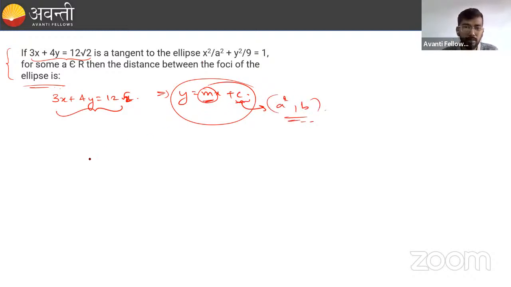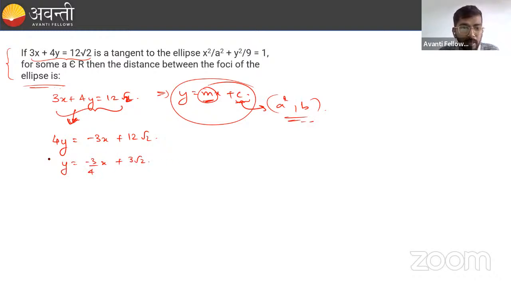So that is what this question is all about. If I want to change this into y equals to mx plus c form, I'll do 4y equals to minus 3x plus 12 root 2. Now I'll divide throughout by 4. So y will become minus 3 upon 4 into x plus 3 root 2.